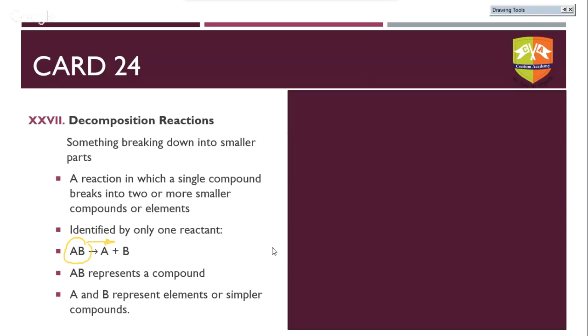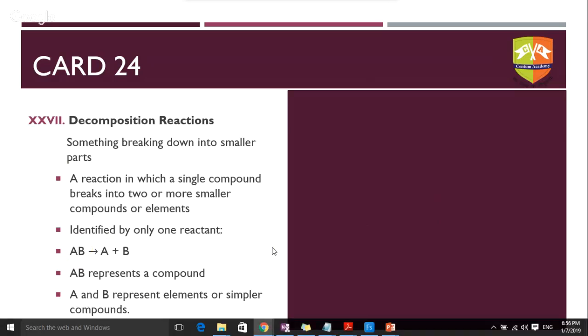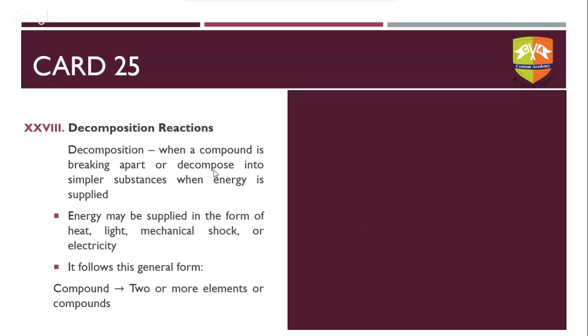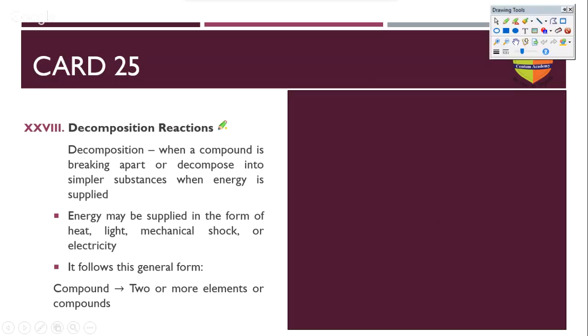Let's look at a few examples of decomposition reactions. Some characteristics of decomposition reactions: when a compound breaks apart, it decomposes into simpler substances when energy is supplied. So this is an important factor, that supply of energy actually gives you decomposition reactions. Now, energy might be supplied in multiple forms.